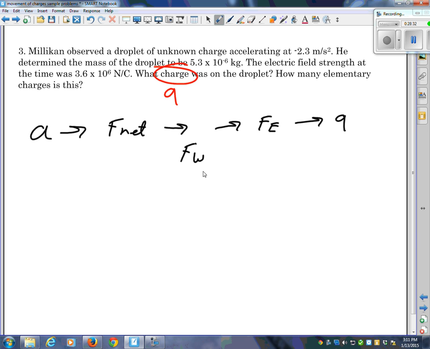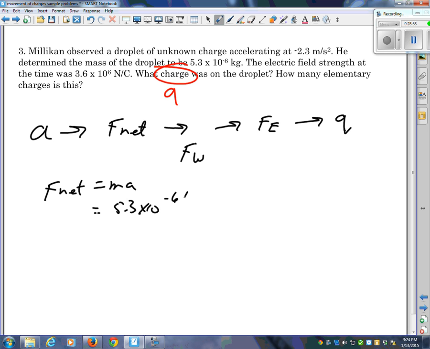Do you think you can do it now? Give it a whirl. Those are the steps. Do those steps. Mr. Bennett, it's 1.6 times 10 to the negative 19, right?